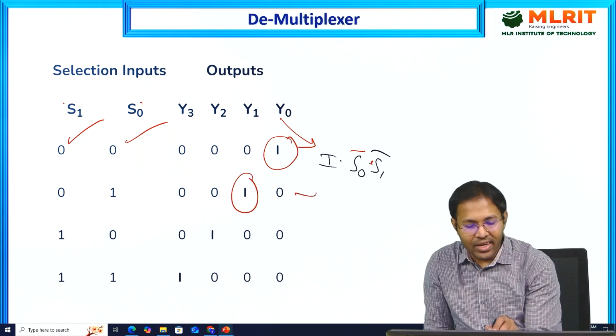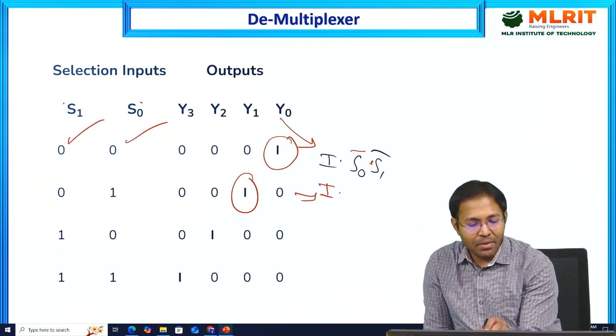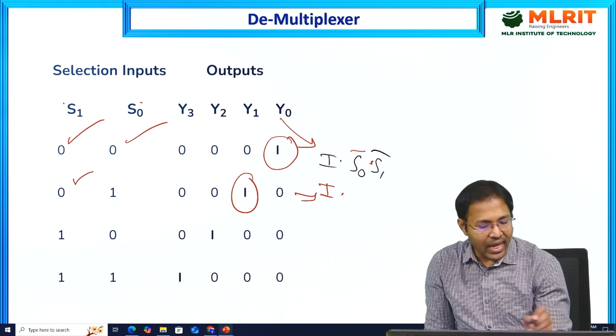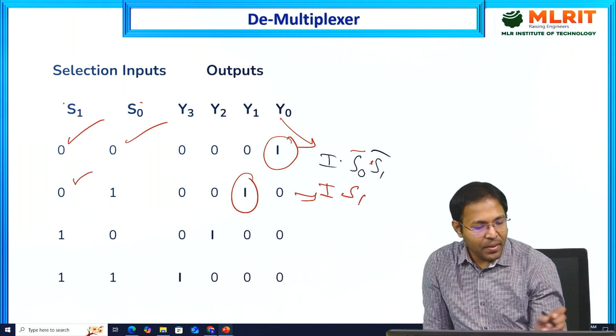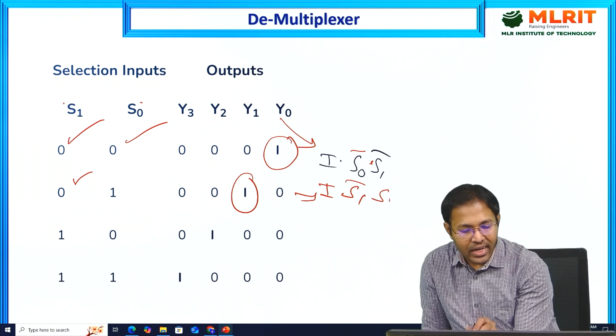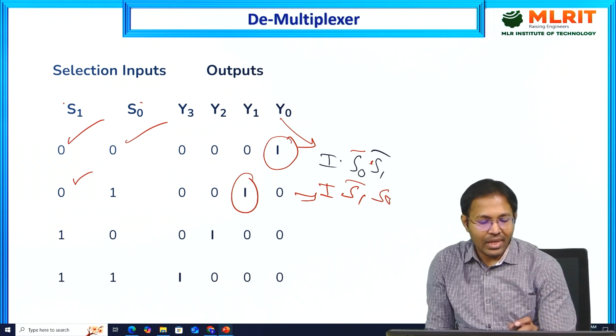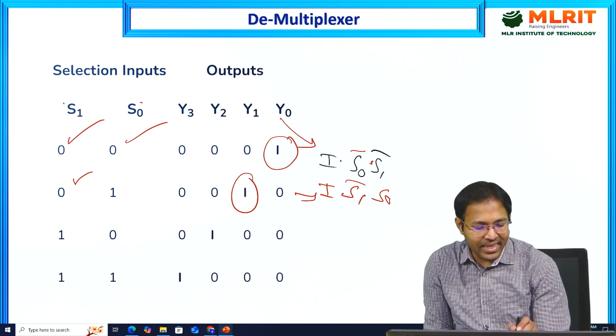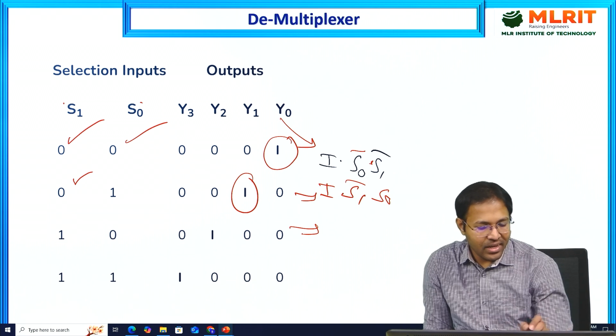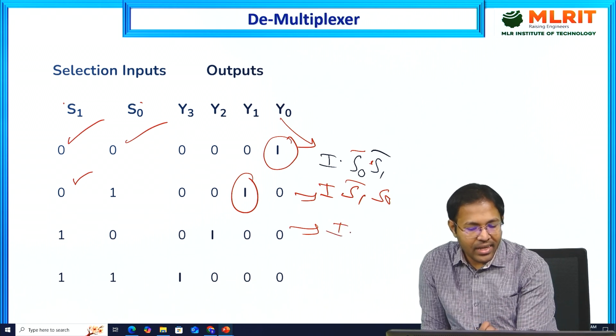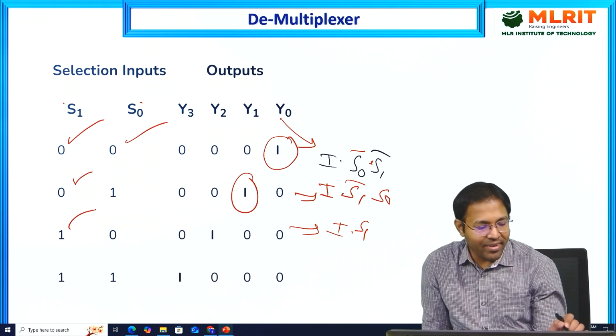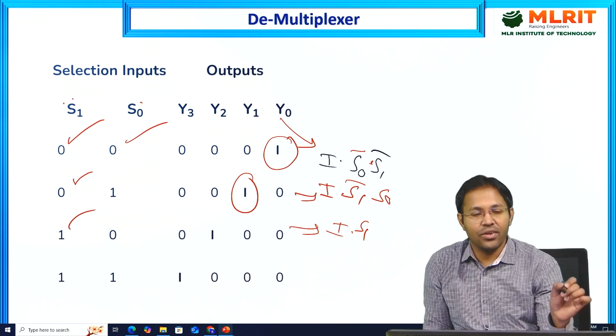Likewise, y1 will be I multiplied by S1 bar and then S0. Likewise, in this case, we have I multiplied by S1. Because we have a 1 here, we are taking the variable in the true form.